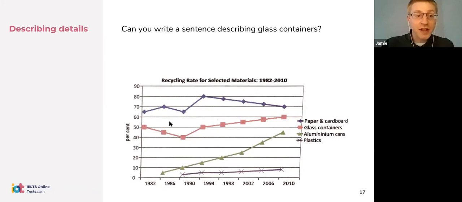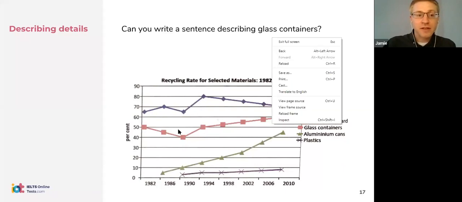Excellent. And another answer: the glass container bottomed out in 1990 with a sharp increase from 1990 to 1994, and then a similar percentile up to 2010. This is good. I would say you perhaps do not want to say "then a similar percentile".